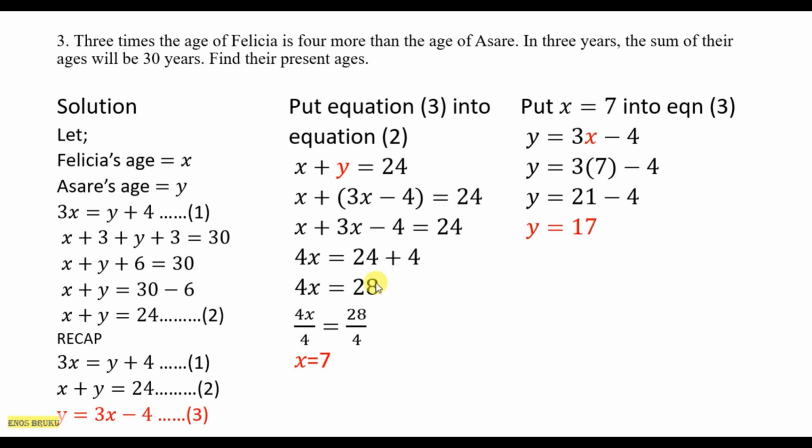So now we found our x and we found our y, and initially we stated that Felicia's age is x and Asari's age is y.